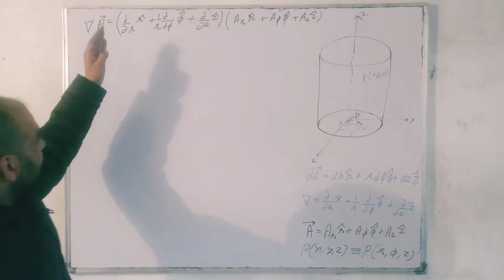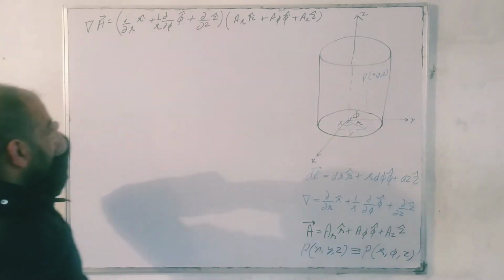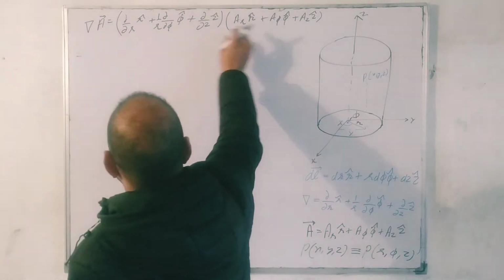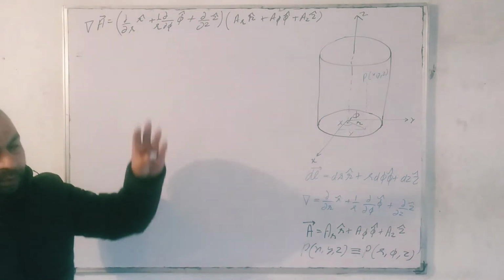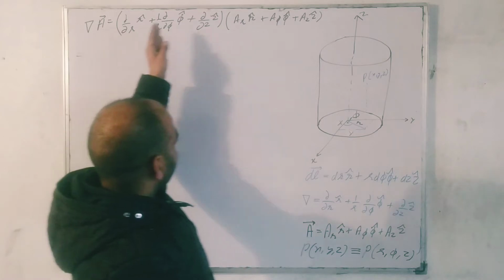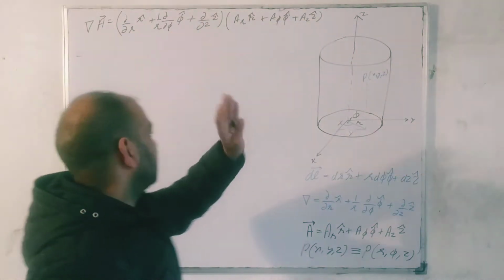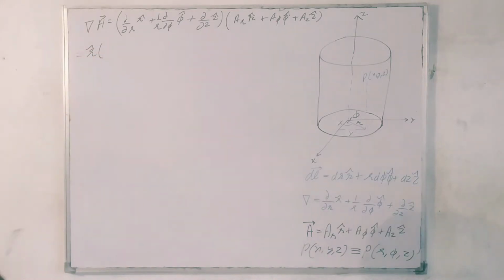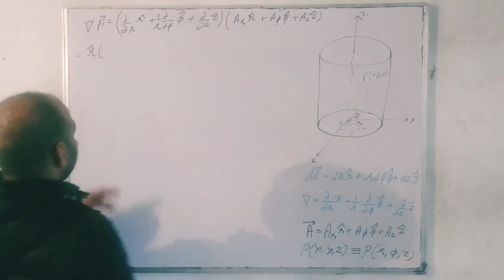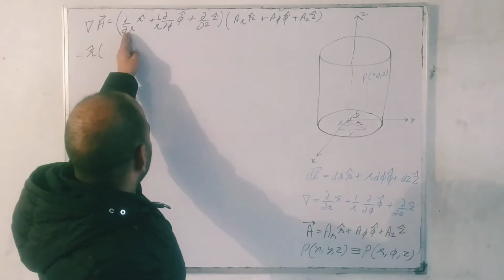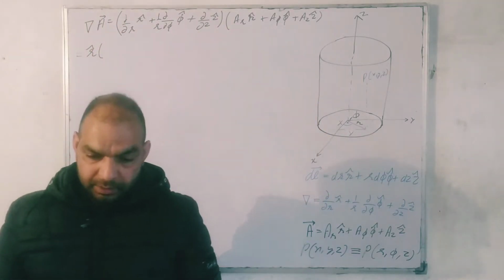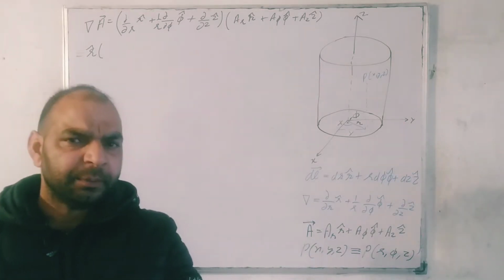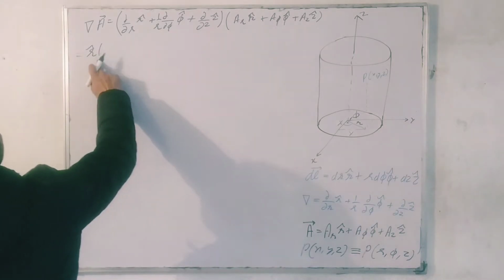Now we will start operating this operator on this vector. First we will operate this particular operator on this function. R cap is going to be common when we operate this operator on all these three components, so I am keeping R cap here. Let's start operating this curly upon curly R on this. This is a partial differentiation, similar to the product rule. So how will we do that?